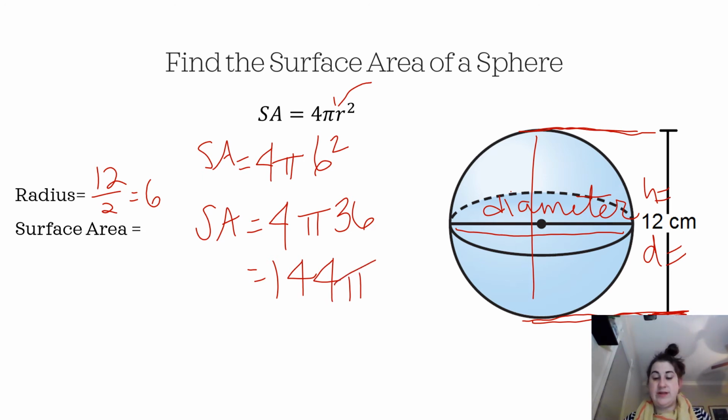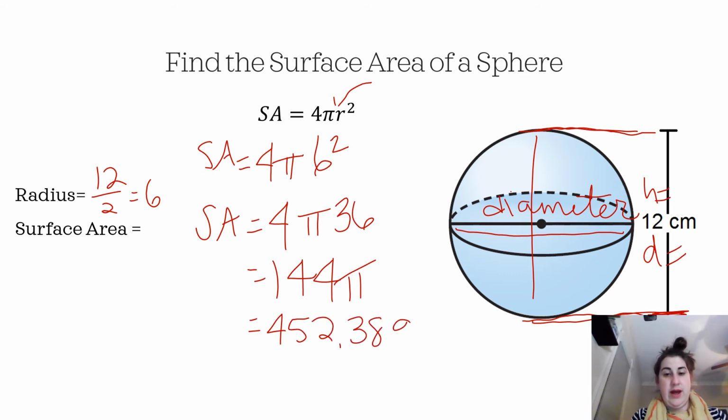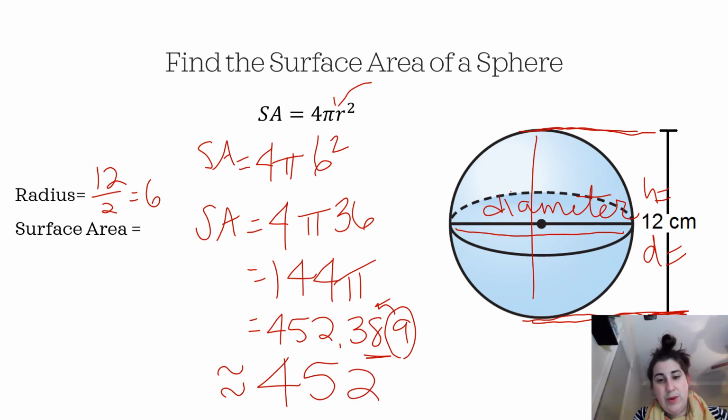And now if I use the pi button on my calculator, 144 times pi gives me 452.39. We want to round to the nearest hundredth. So the 9 tells the 8 to add one more. So my answer is approximately 452.39 centimeters squared.